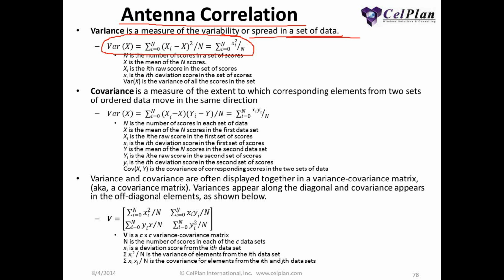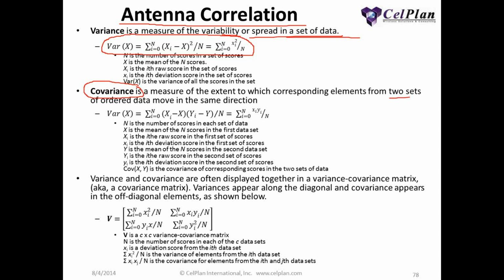And then covariance is how two sets of data change between themselves. So covariance is a very, very important indication of antenna correlation. And the Pearson product moment coefficient is based on covariance.